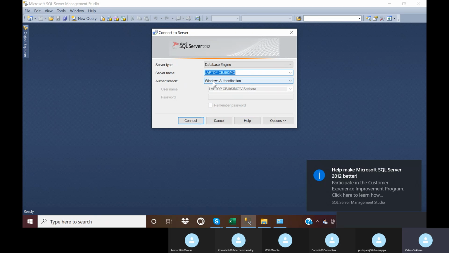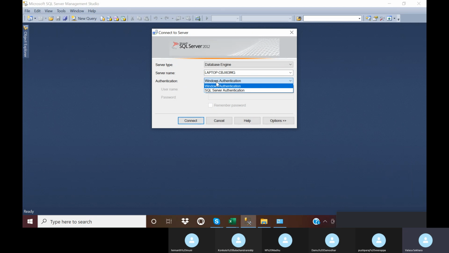Now I will tell you what authentications we have. We have two types: Windows authentication and SQL Server authentication. Windows authentication directly takes your Windows credentials. For our laptop we set a username and password, and while opening the laptop it asks for them to log into the machine. That is Windows authentication.